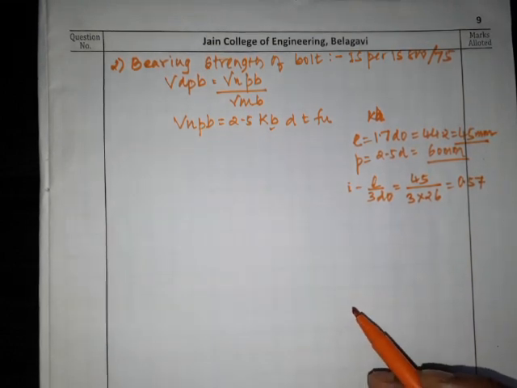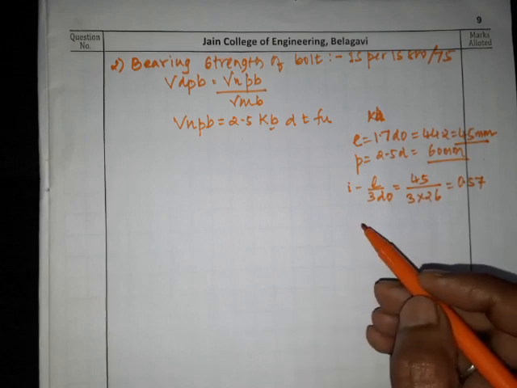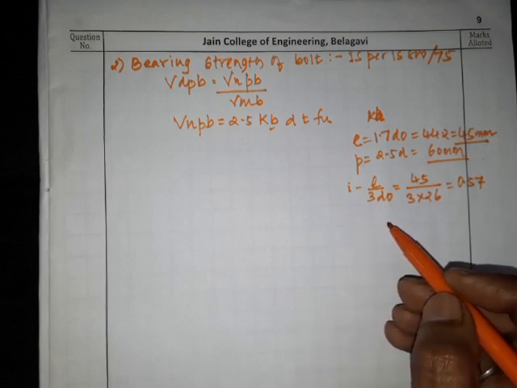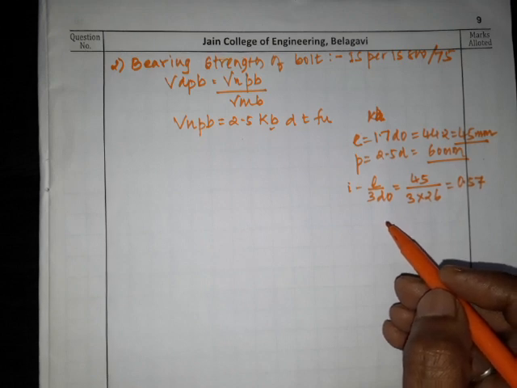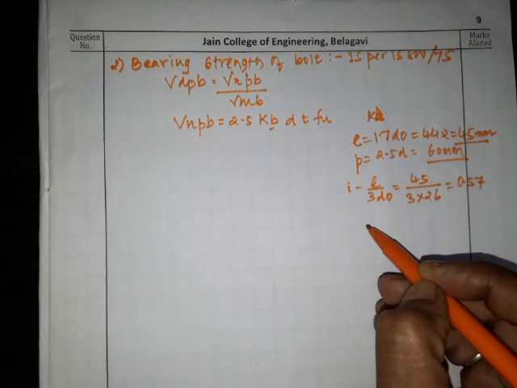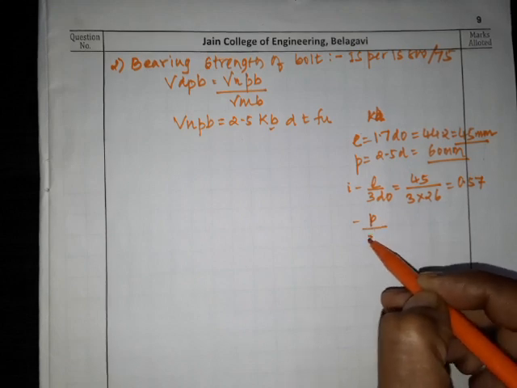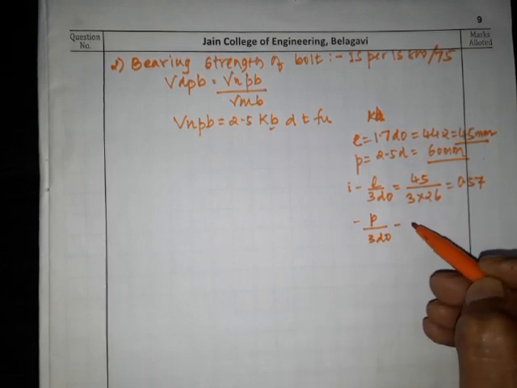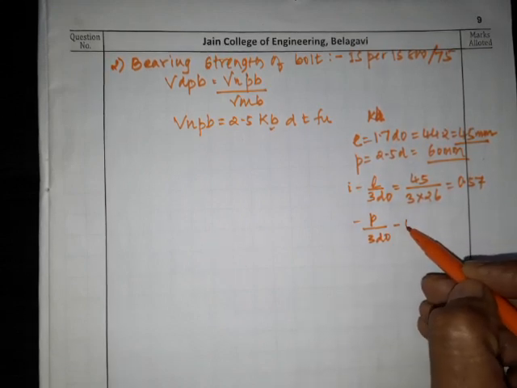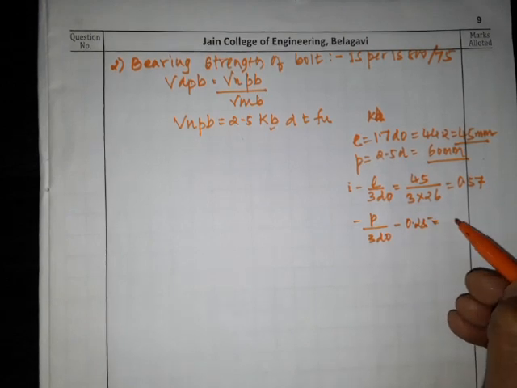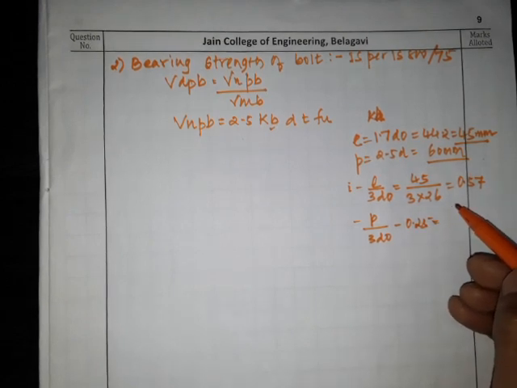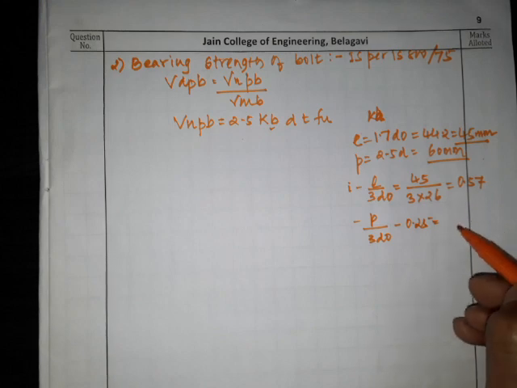Then one more we have, P divided by 3D naught minus 0.25. From this we get 0.51.